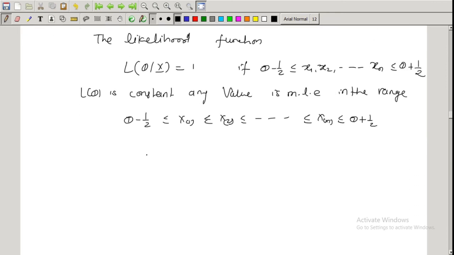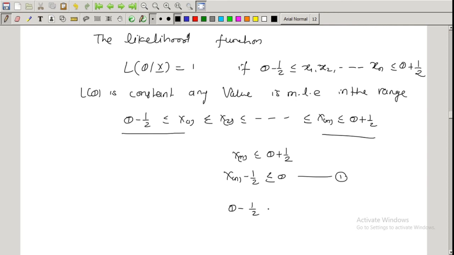So here we compare these two conditions. First, if I take x order n is less than or equal to theta plus 1 by 2, this implies x order n minus 1 by 2 is less than or equal to theta. This is my equation number 1. And according to this, theta minus 1 by 2 is less than or equal to x order 1.